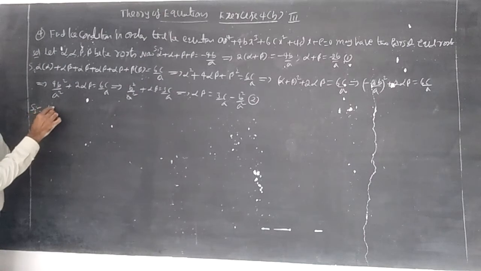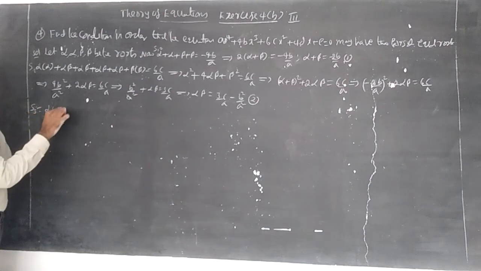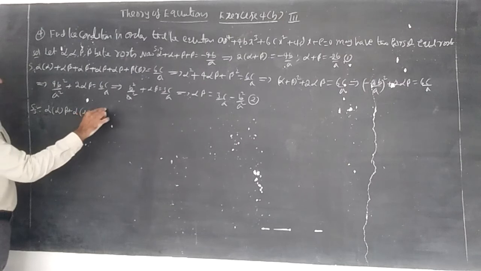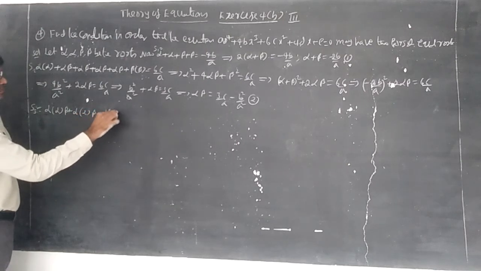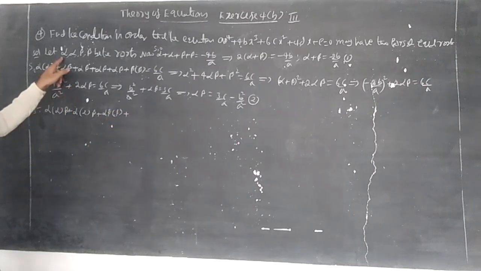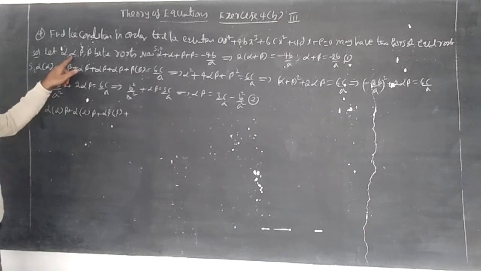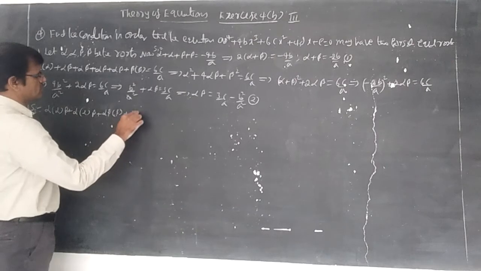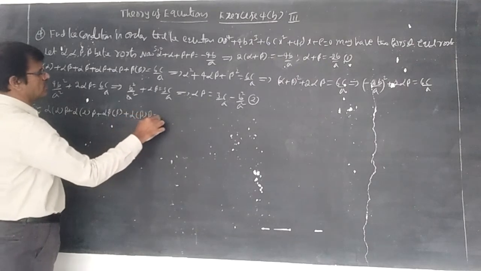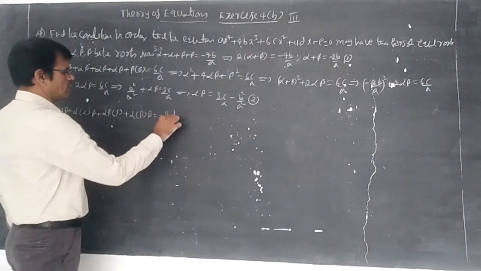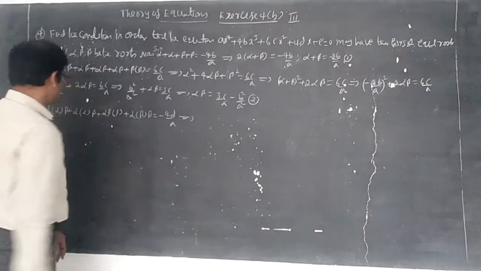S3 is equal to alpha beta gamma plus alpha beta delta plus alpha gamma delta plus beta gamma delta, which is equal to minus 4d by a.